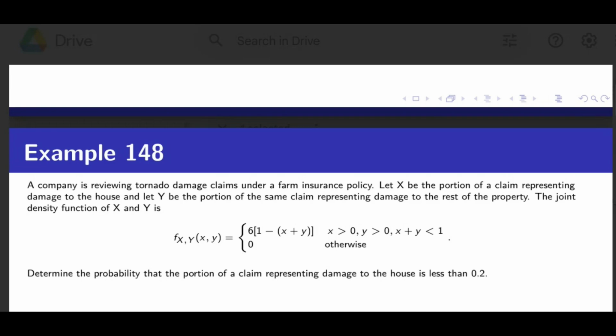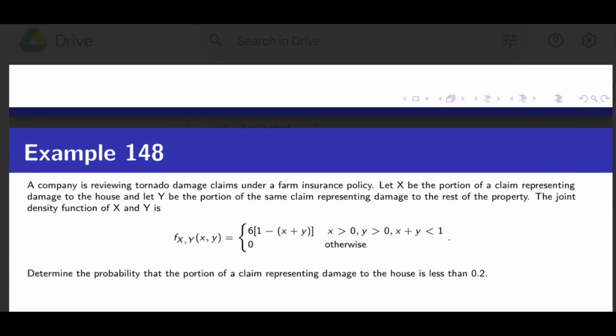Why? Because X and Y are fractions. What percentage of the claim is for the house? Y represents the damage to the non-house, the rest of the property. So we know that X plus Y must not exceed 1.